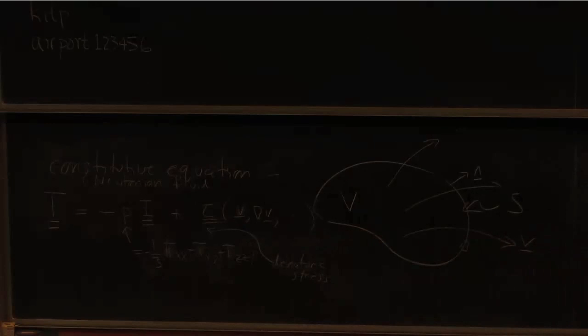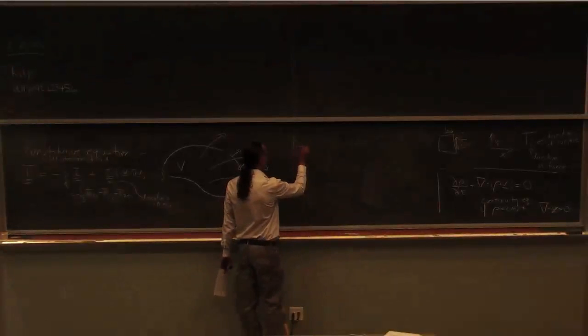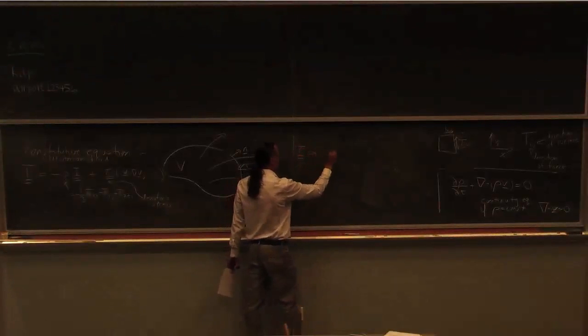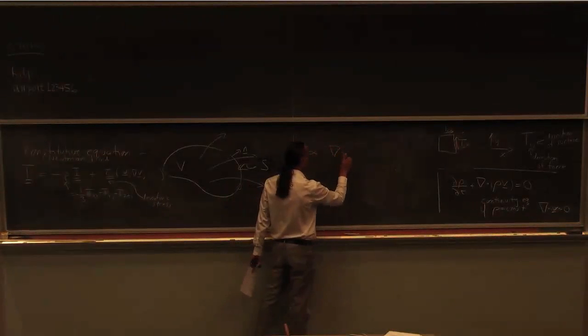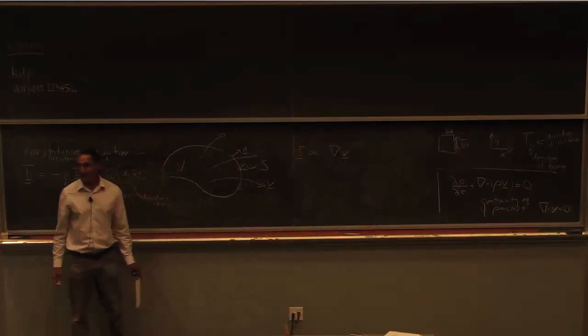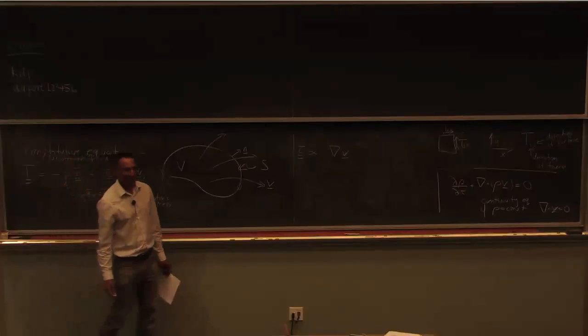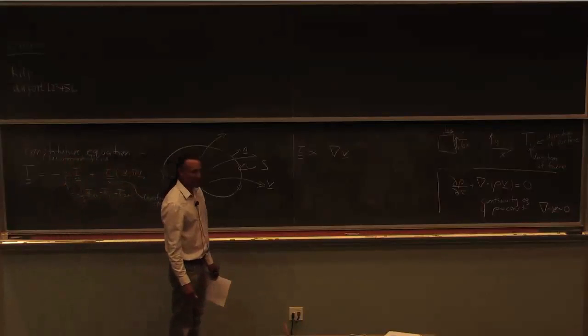So what we're going to do now is hypothesize that in our fluid, the deviatoric stress tau is proportional to velocity gradients. It's spatial differences in velocity that give rise to stresses. That's fine, right?